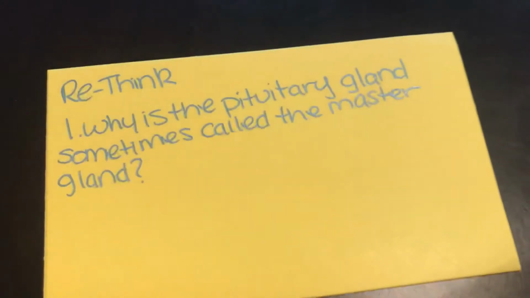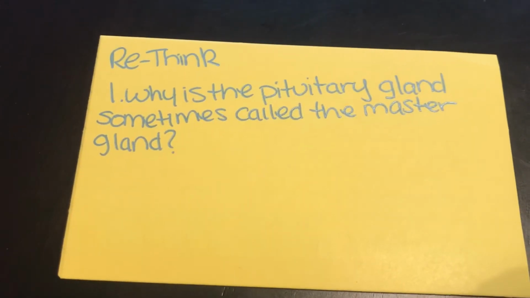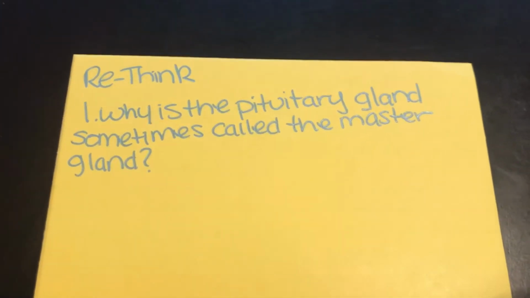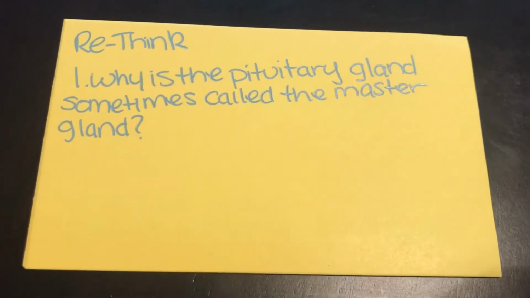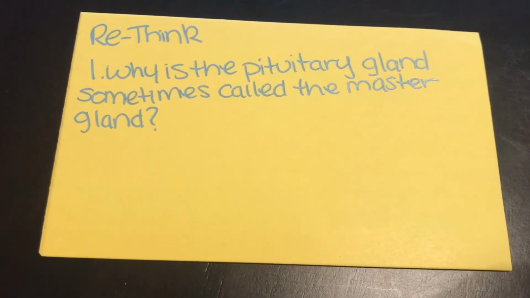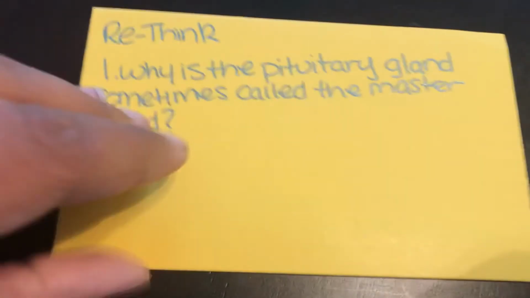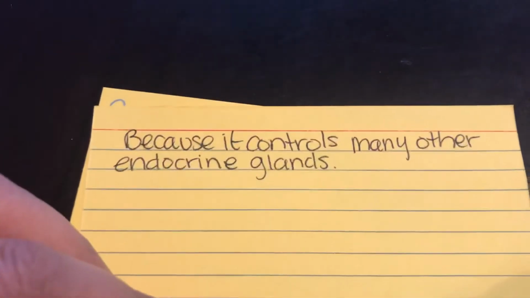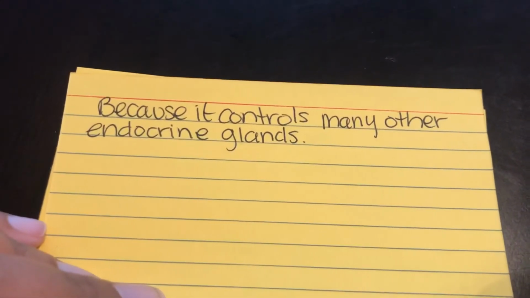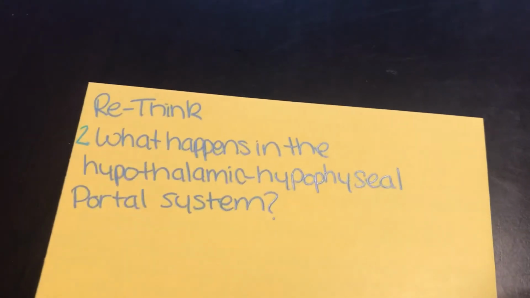So let's review. Why is the pituitary gland sometimes called the master gland? Because it controls many other endocrine glands.